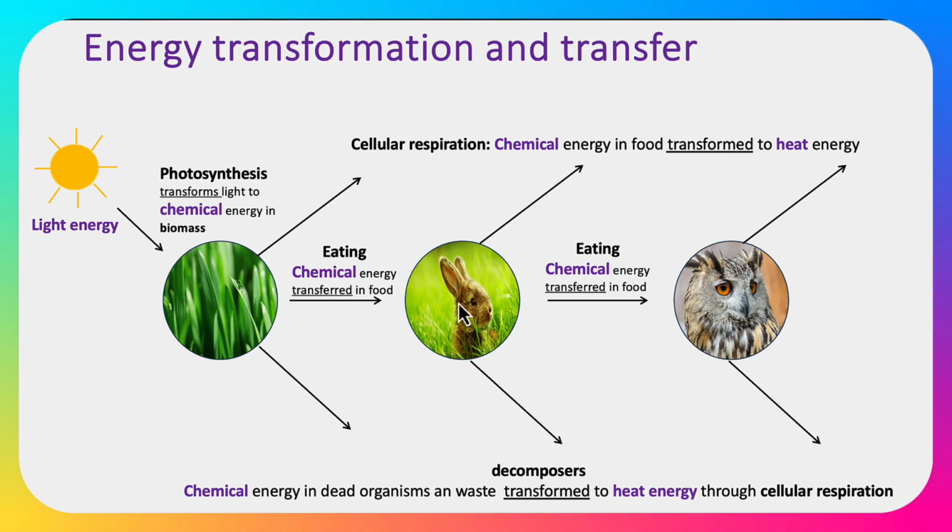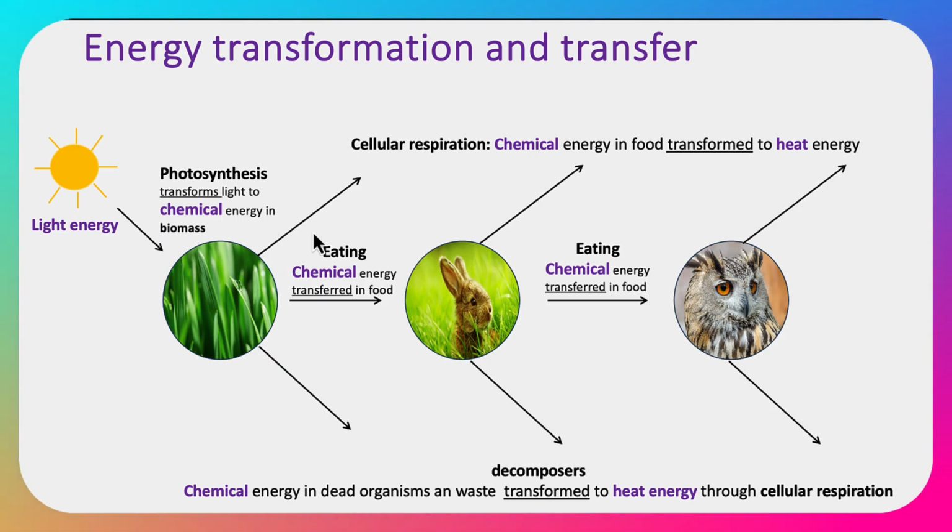So the rabbit here eats the leaves of the plant or eats the grass, and that chemical energy that's stored in that biomass is transferred into chemical energy in this rabbit and then to the owl. Remains as chemical energy. But you'll also see that some of that energy, and in fact quite a lot of that energy, doesn't make its way from the grass to the rabbit.